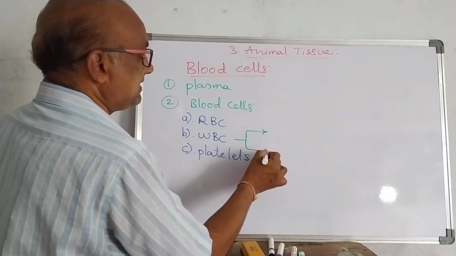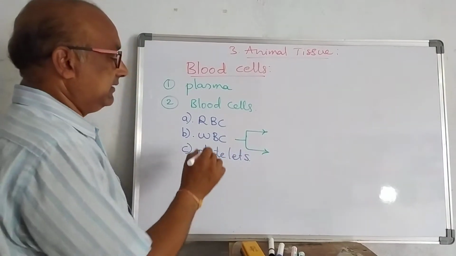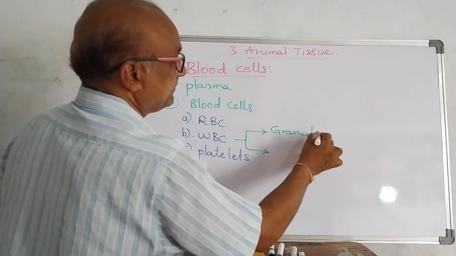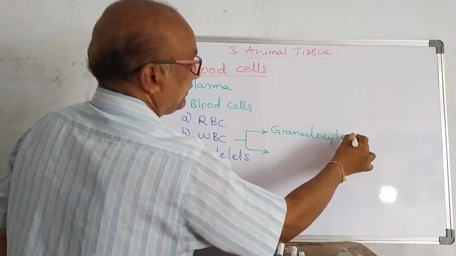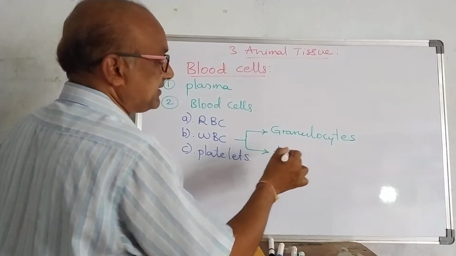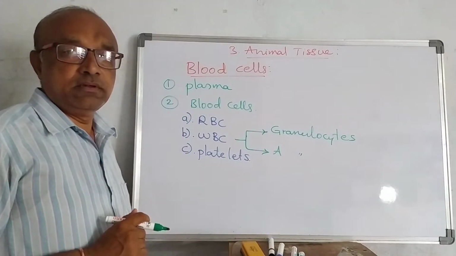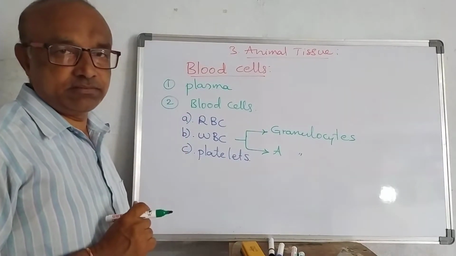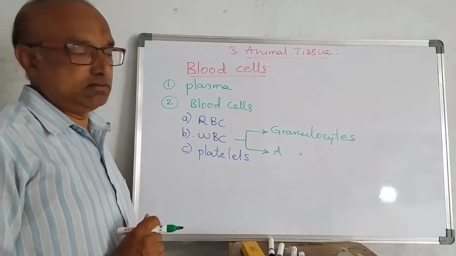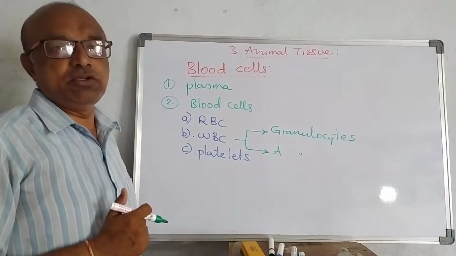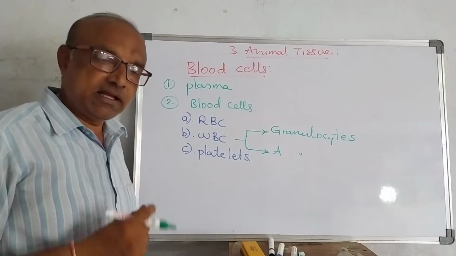Based on the presence and absence of granules, the WBC are of two types: granulocytes and agranulocytes. Granulocytes contain a lobed nucleus with granules, whereas agranulocytes contain a very large nucleus without granules.